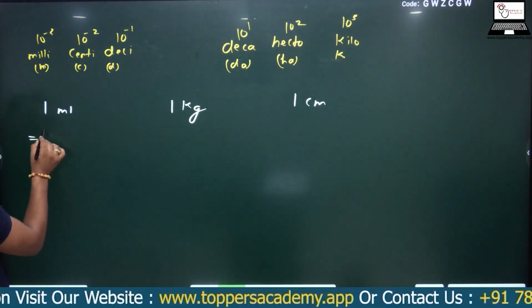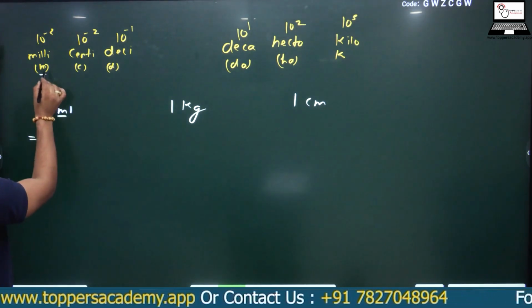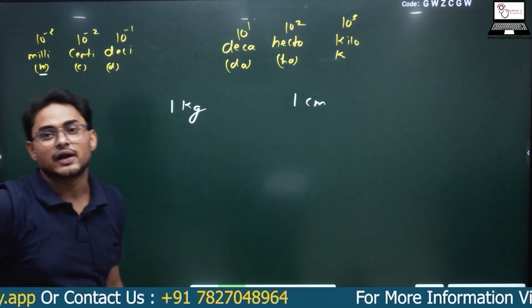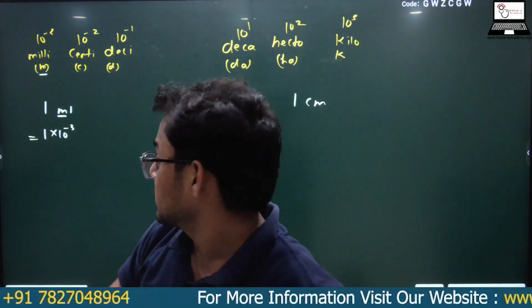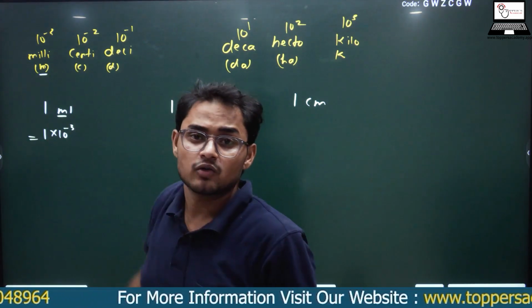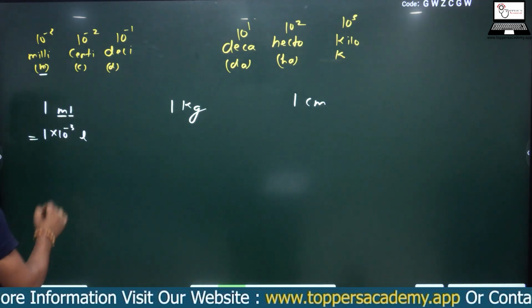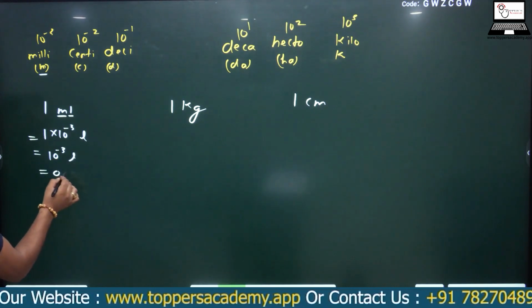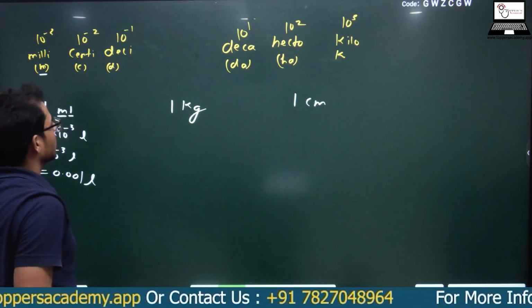In place of milli, that means 10 to power minus 3, I will write 10 to power minus 3, because I have told you that milli means 10 to power minus 3. In place of liter I am going to write liter. So that means 10 to power minus 3 liter, or I can say 0.001 liter. 1 ml is equal to 0.001 liter or 10 to power minus 3 liter.